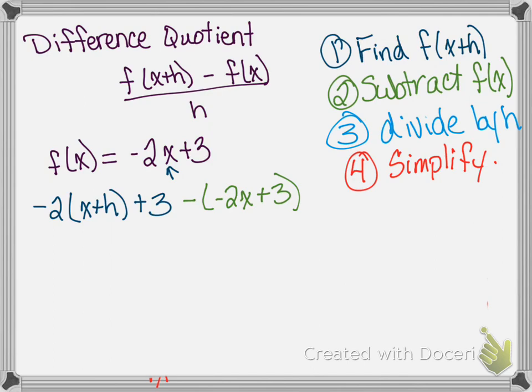Make it negative. I'm distributing that minus sign. Then the third thing that I do is I divide everything by h. So I have f of x plus h, I've subtracted f of x, and I've divided everything by h.